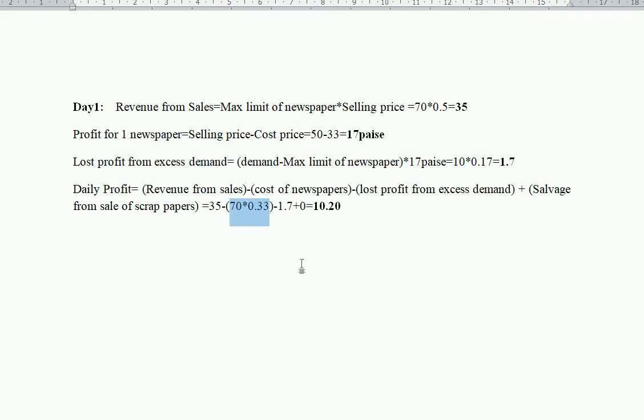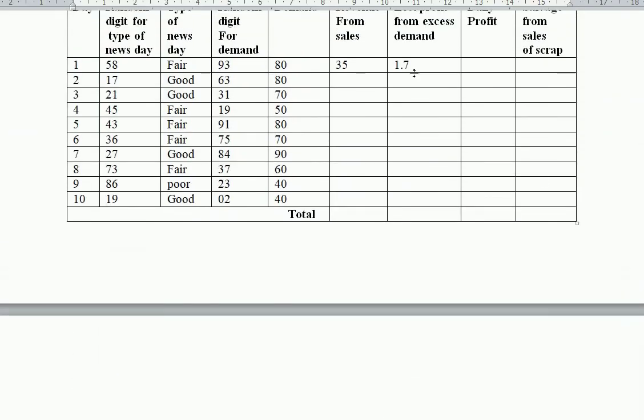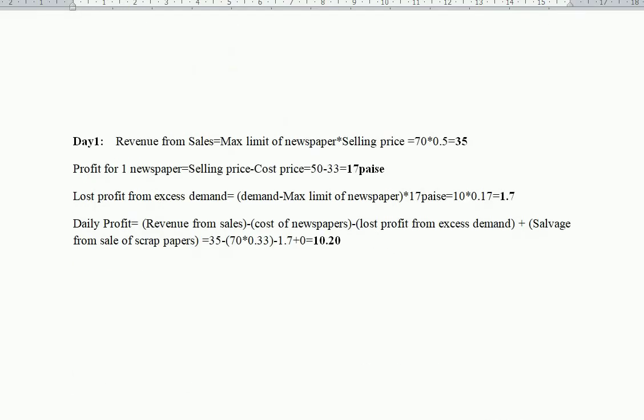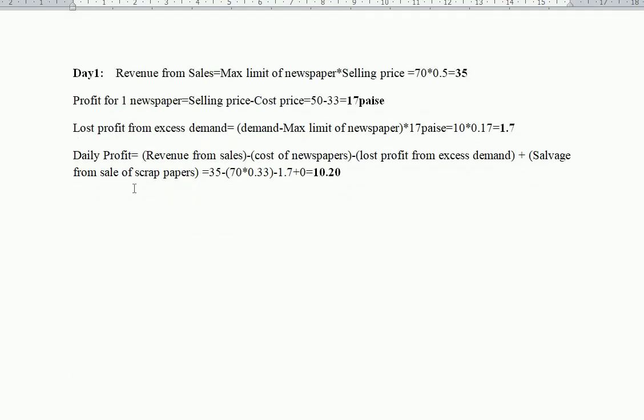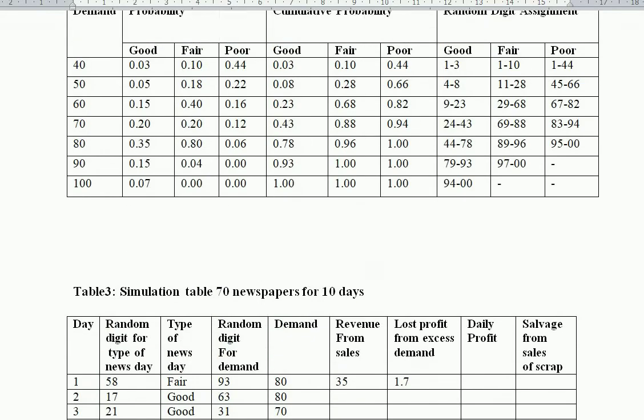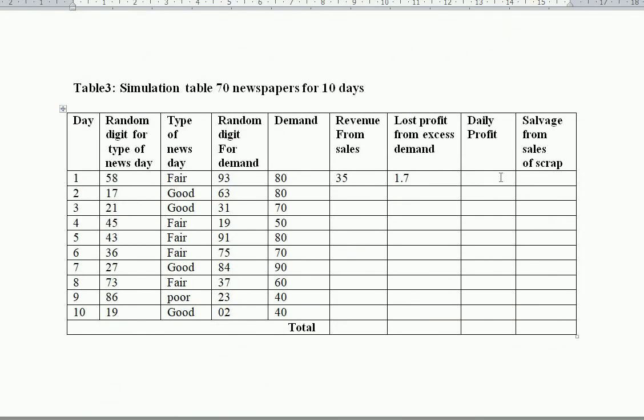Minus the lost profit from excess demand, which we calculated as 1.7, plus the salvage from scrap, which is 0 on day 1. If I calculate all this, the daily profit I am going to get is 10.20. This is the daily profit.